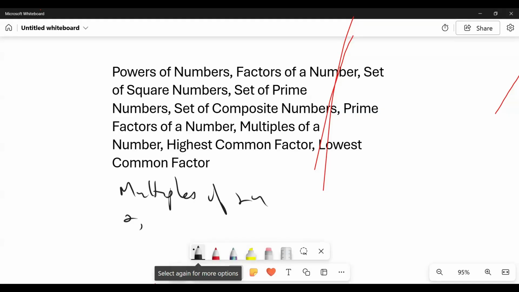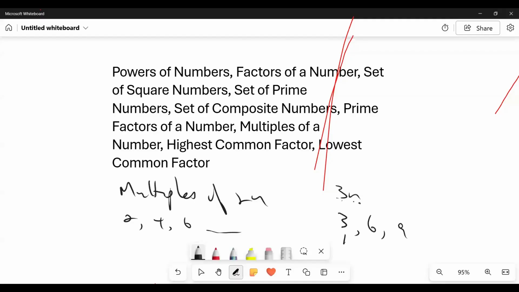So 2 by 1 will give you 2, 2 by 2 will give you 4, 2 by 3 will give you 6, and so on. Multiples of 3 will be 3, 6, 9, so it's 3n. 3 times 1 gives you 3, 3 times 2 gives you 6, 3 times 3 gives you 9, and so on. That's what they mean by multiples of numbers.